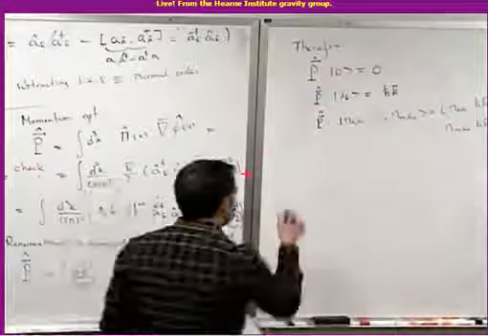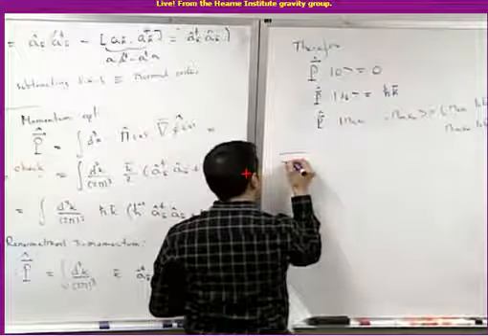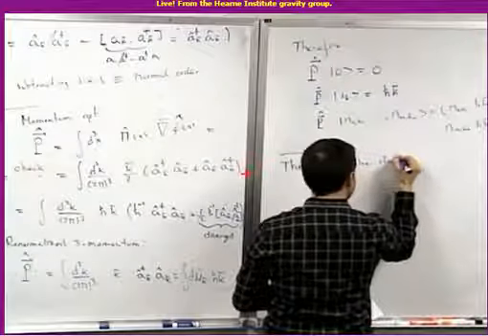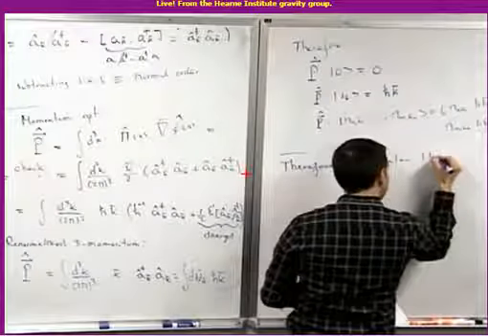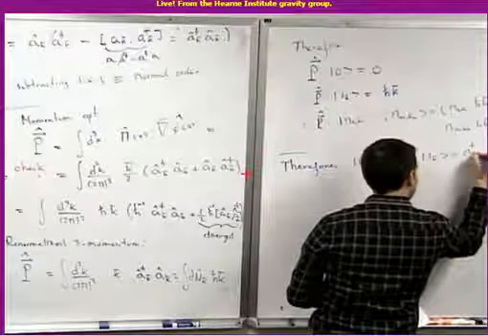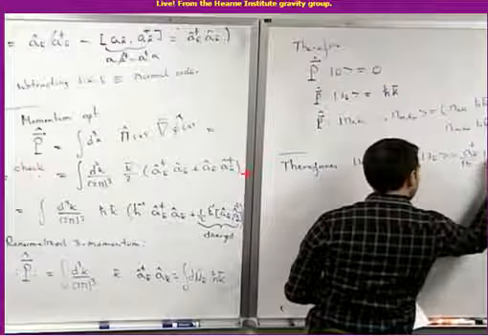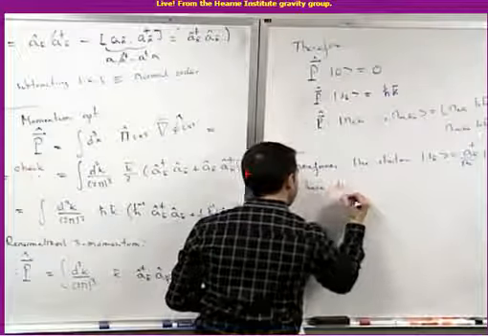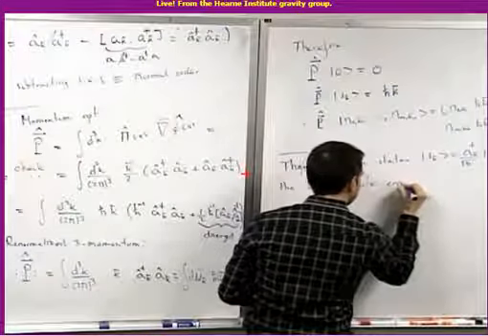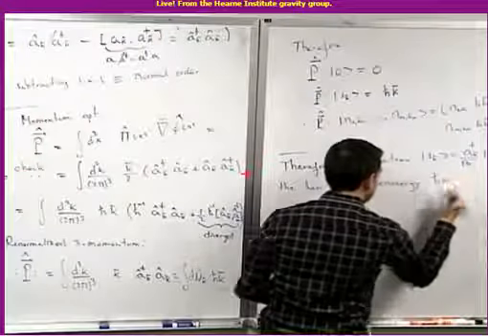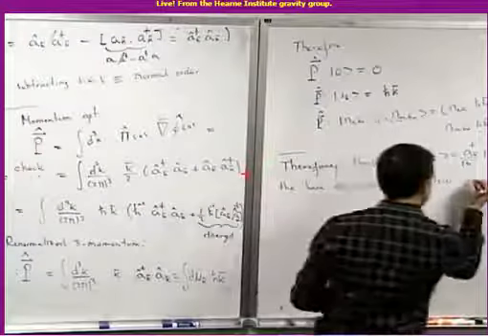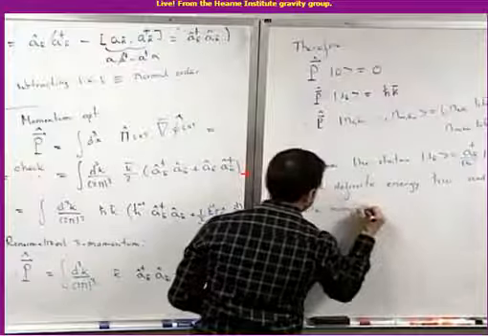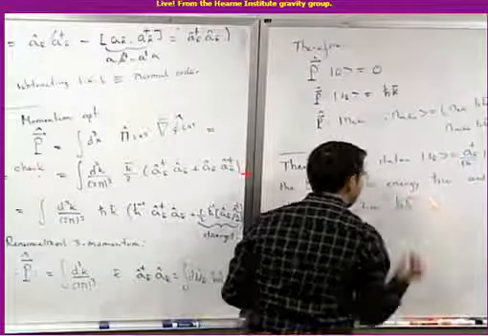The reason is that, as a conclusion of these two exercises, we have seen that states of this type, so states with one excitation, have definite energy equal to h bar omega, so they are eigenstates of the energy operator, and definite momentum, so they are eigenstates of the momentum operator.